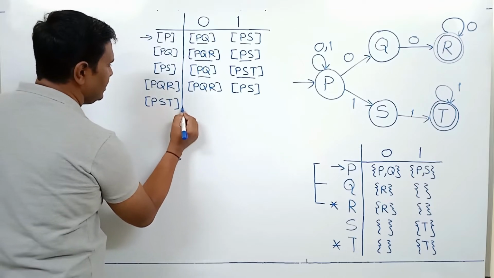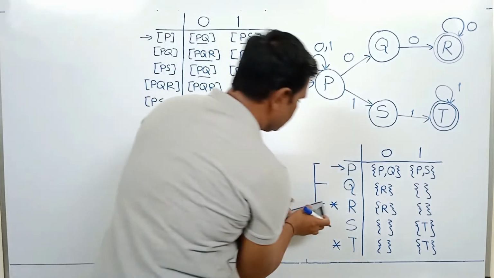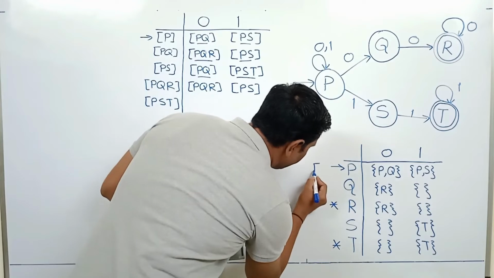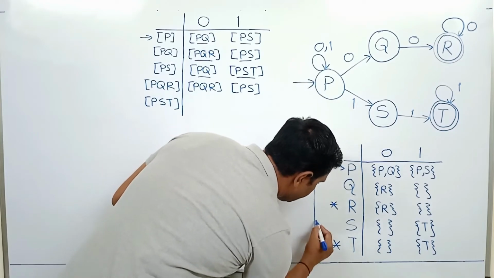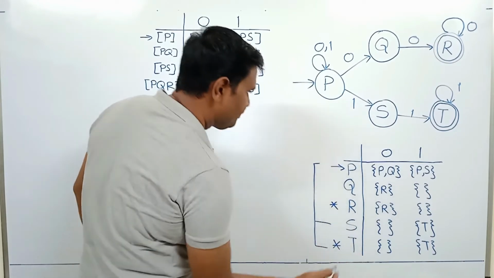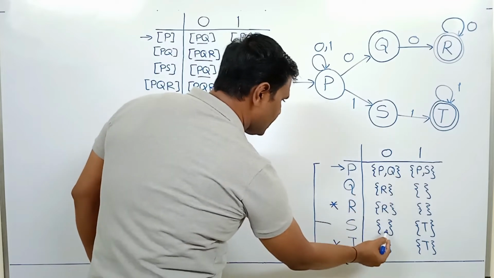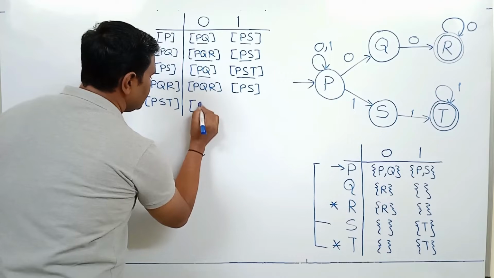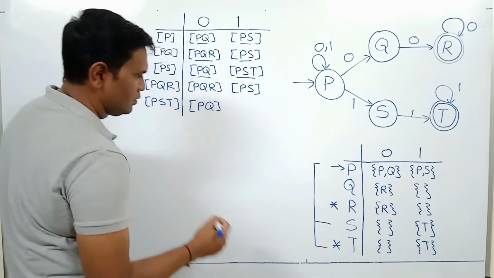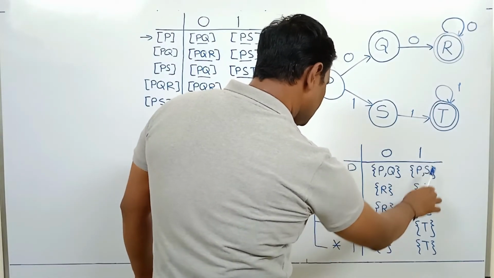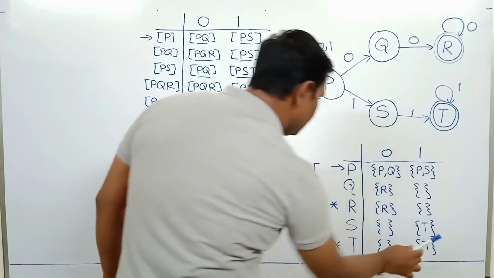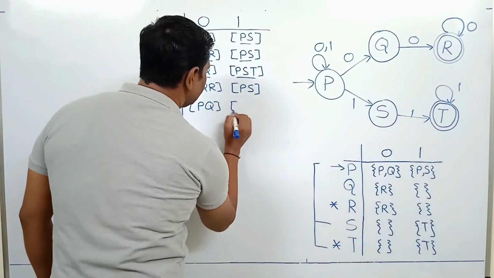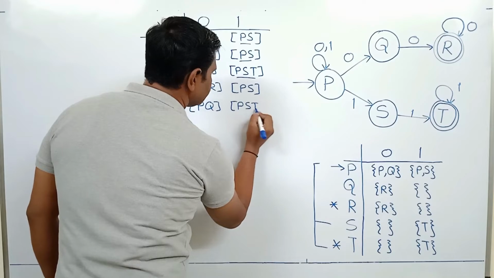PST. We have to make union of states P, S and T. PQ union empty set, we get PQ. PS union T, we get PST.